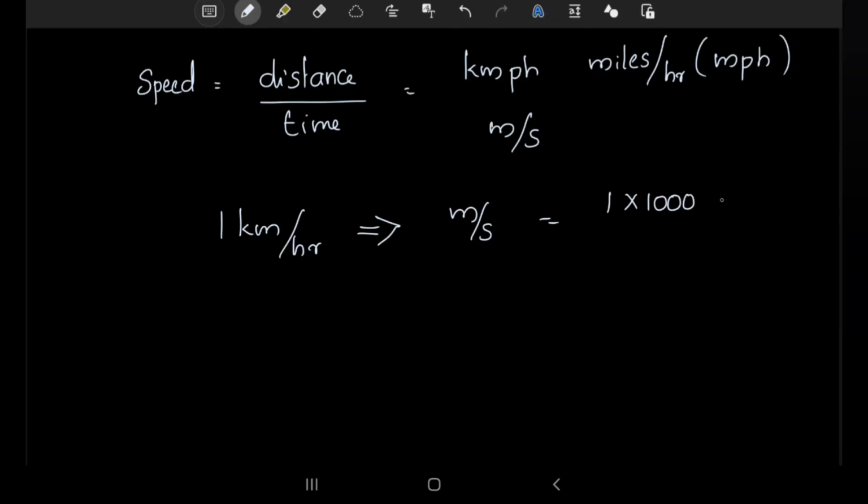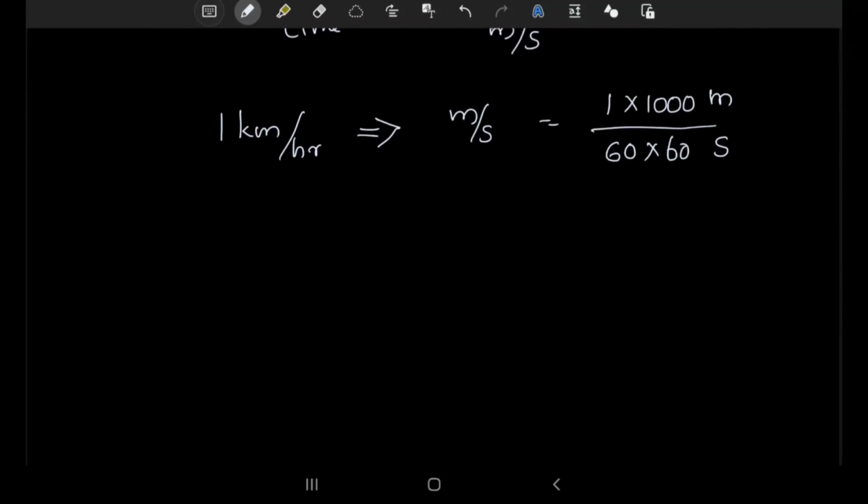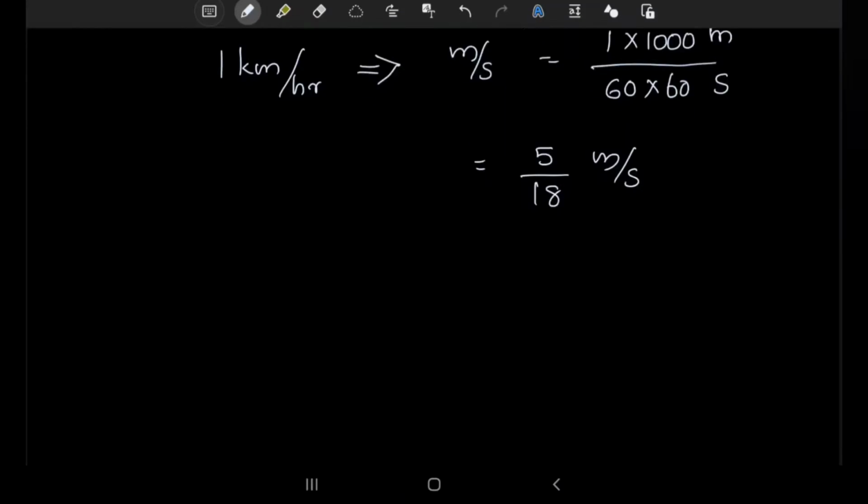multiply that 1 by 1000. The equivalent of 1 kilometer is 1000 meters, and 1 hour is equal to 60 minutes into 60 seconds, a total of 3600 seconds. By dividing this, we get 5 by 18 meter per second.